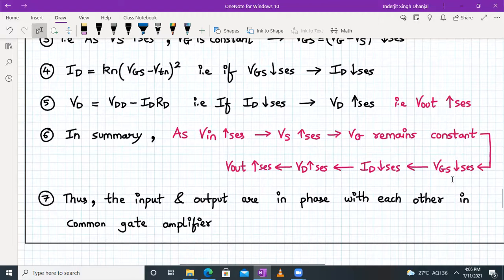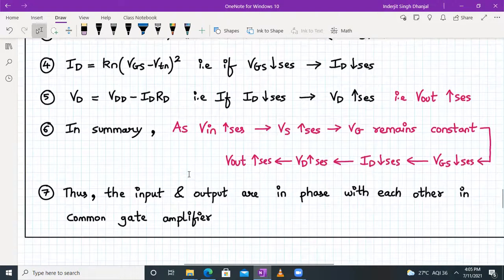So your VGS will decrease. If VGS decreases, ID will decrease. If ID decreases, your drain voltage will increase and hence your output voltage will increase. Therefore, we can say that the input and output are in phase with each other in a common gate amplifier.